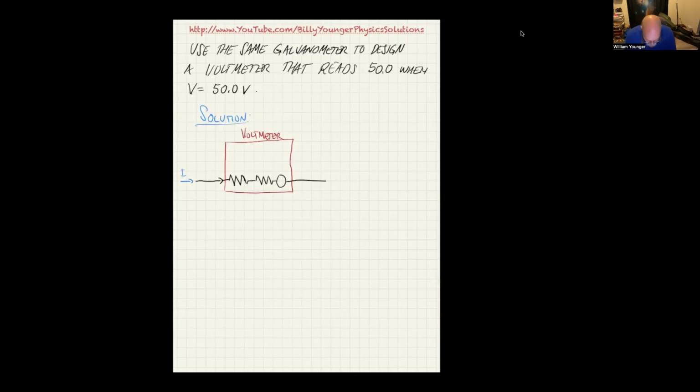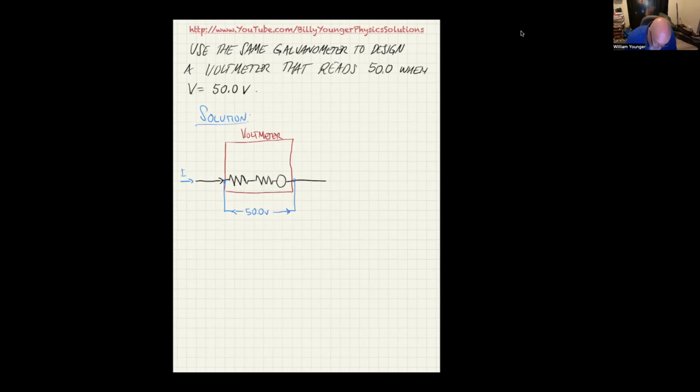Luckily, we put voltmeters in parallel with the circuit, and then it forces it to be 50 volts. So what we really need is the entire voltage across from here to here. This voltage needs to be 50.0 volts.